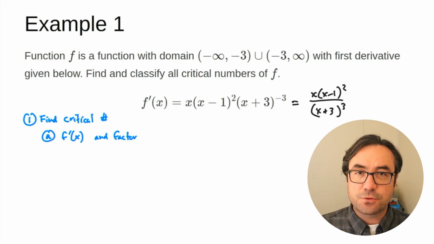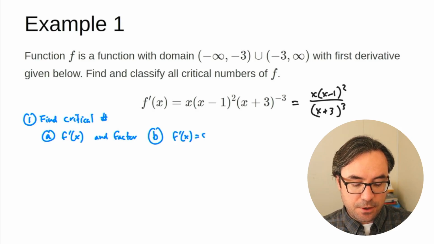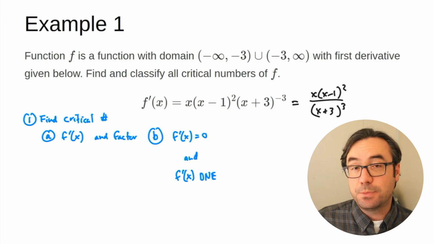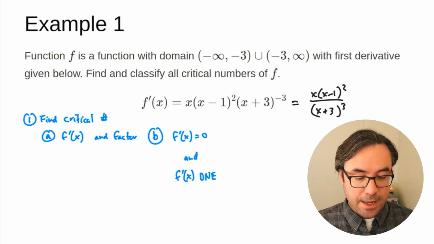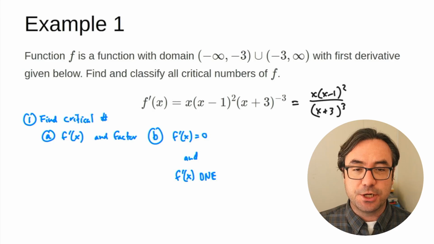Once we have our first derivative and it's all nicely factored, then we look at where our derivative is 0, and we look for where our derivative is undefined. So we're looking for those two special places. In this example, we rewrote our derivative as a fraction.